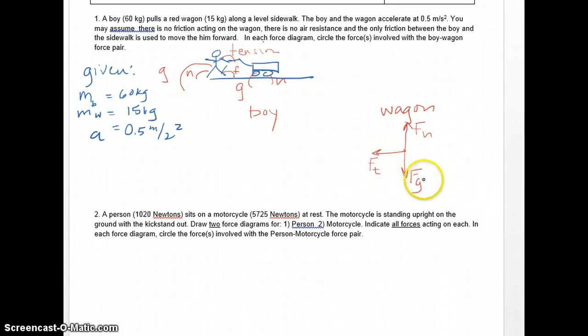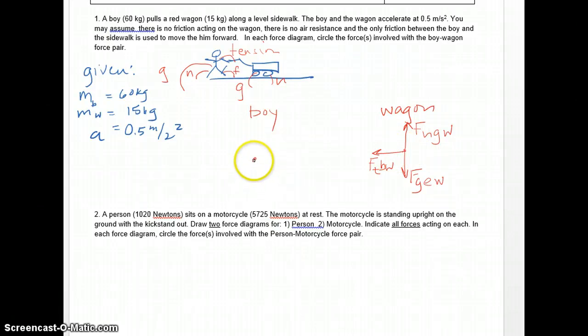The force pair is that you have gravitational force from the earth onto the wagon. You have a normal force of the ground to the wagon, and you have tension force from the boy to the wagon. All right, so there is my force pair. I know there's no frictional force, so I'm not going to draw anything here.